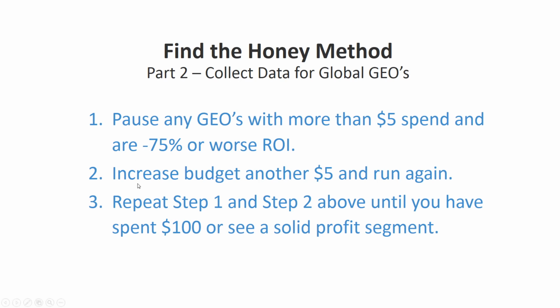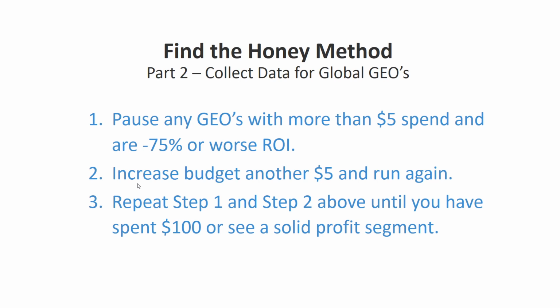The next thing you want to do is increase your budget another $5 and then repeat the process. Run more traffic again, let Zeropark shut down traffic once it hits your budget, and you can reanalyze the data once again, pause any geos that are not performing or that have spent $5 and are negative 75% or worse.